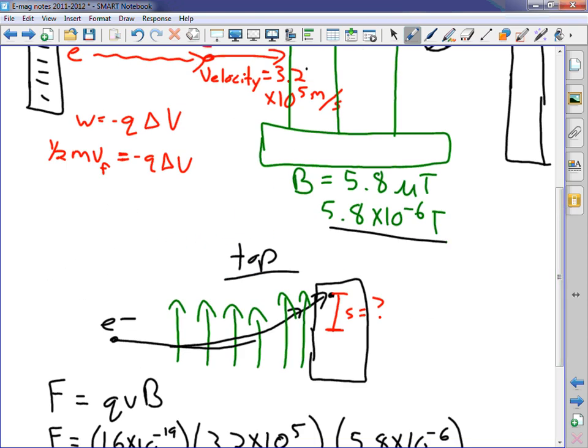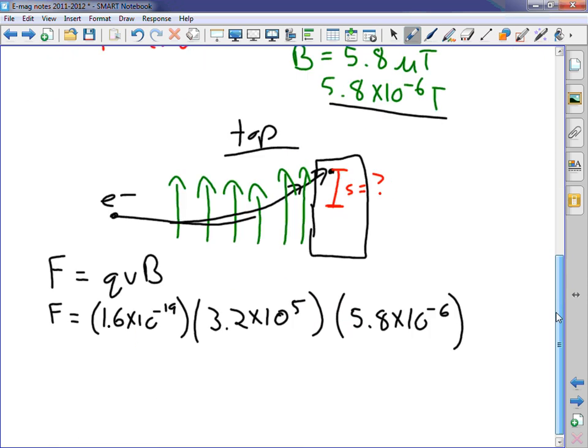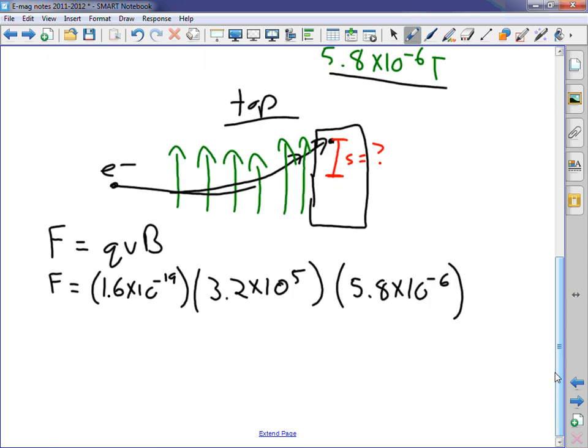That's microtesla, meaning times 10 to the negative 6th. We punch that into our calculator and we get the force being applied on the electron: 2.97 times 10 to the negative 19 newtons.